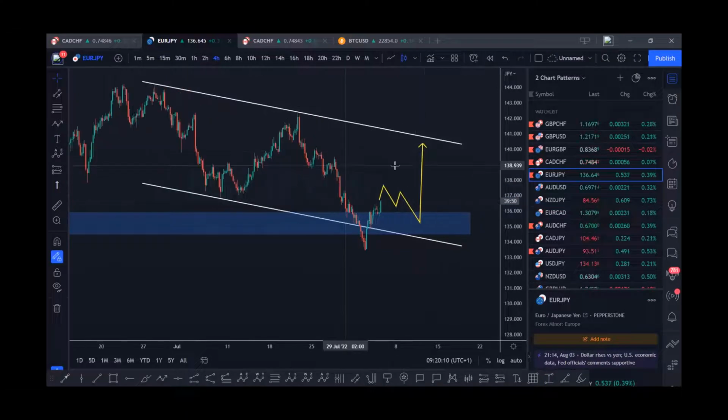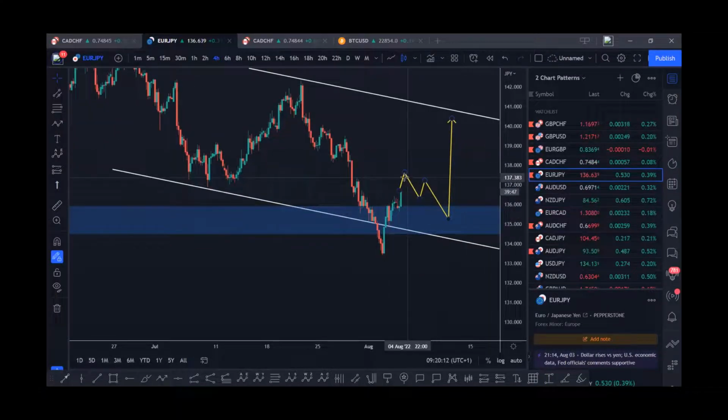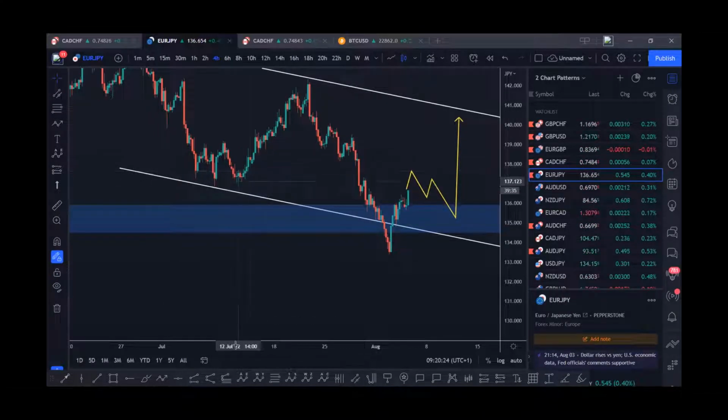But if you have already entered that trade since yesterday, when it was recommended, you can take it up to 137.3, around there. We have this support or resistance here.